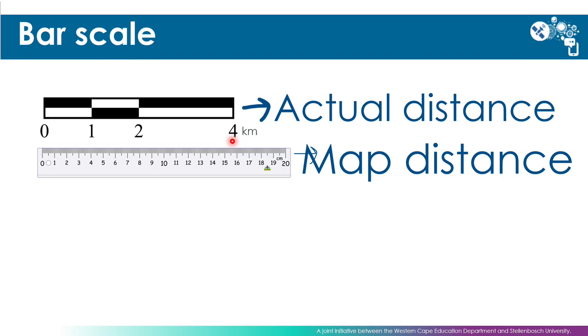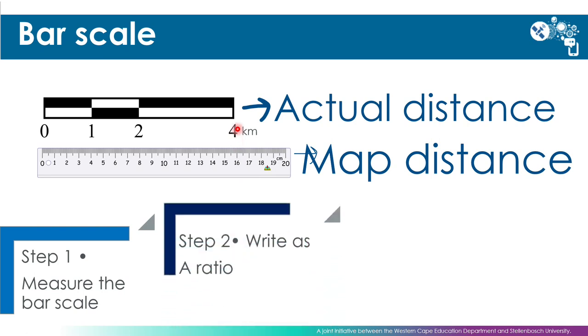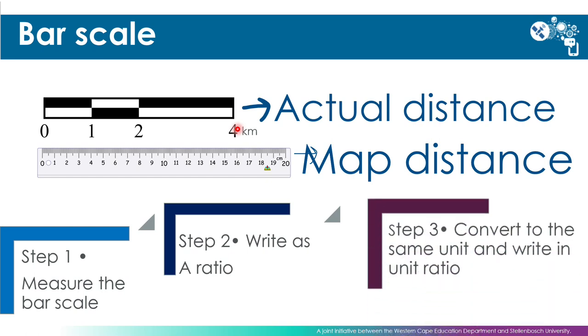So the steps that you would do is step 1, you would measure it. Like I said, now I got 16 centimeters. Then step 2 would be to write it as a ratio. And step 3 would be to convert to the same unit and write in unit ratio.